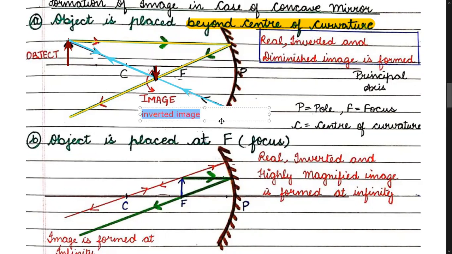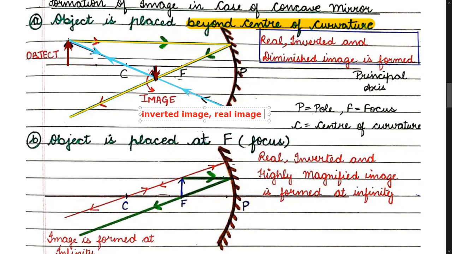And students, remember always that in case of the image, if it is inverted, it is always known as a real image, as we have done in the first exercise of this chapter. An inverted image is always a real image.